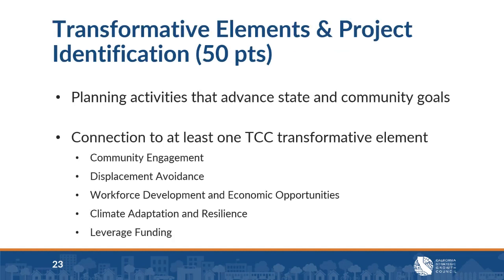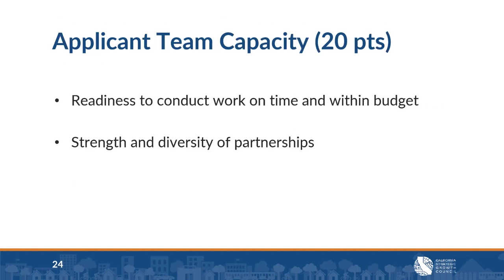For transformative elements and project identification, consider planning activities that advance state and community goals, and connection to at least one TCC transformative element. For applicant team capacity, you want to discuss readiness to complete work on time and within budget, and also the strength and diversity of your partnerships.